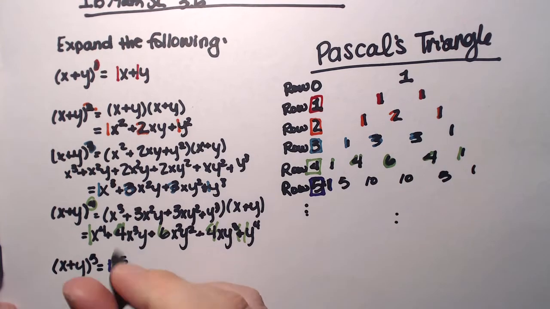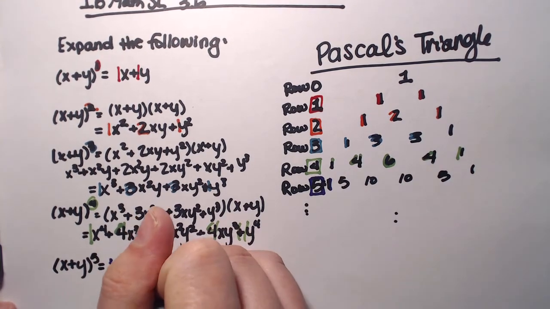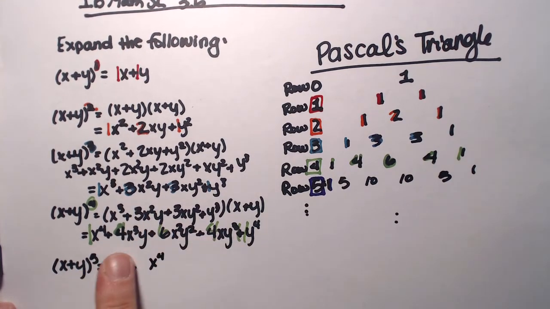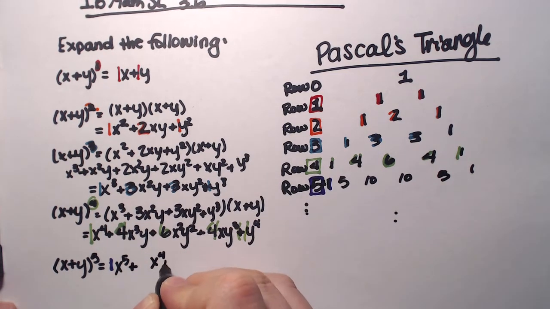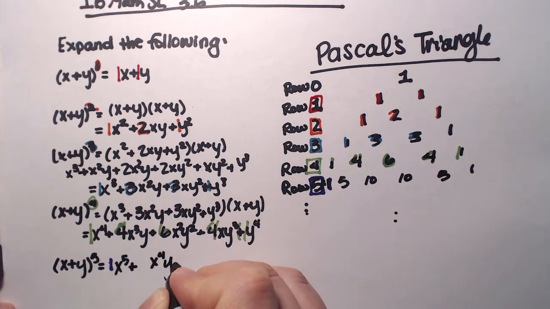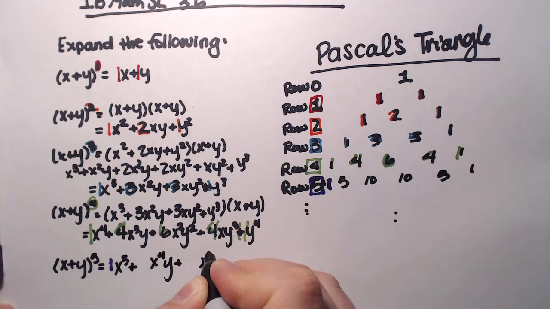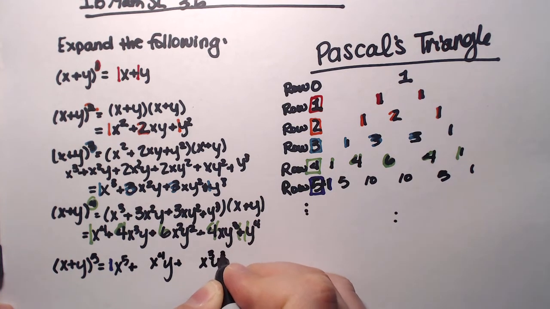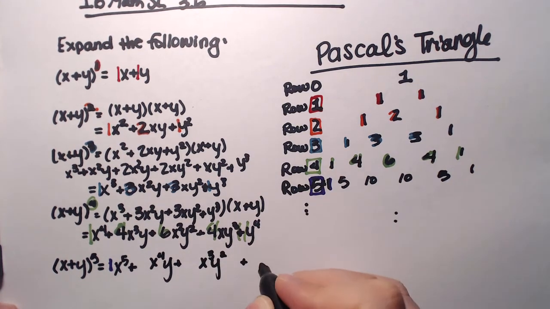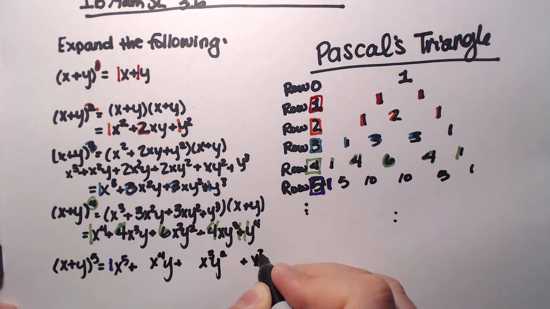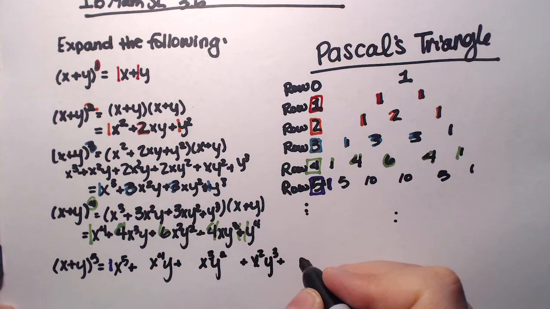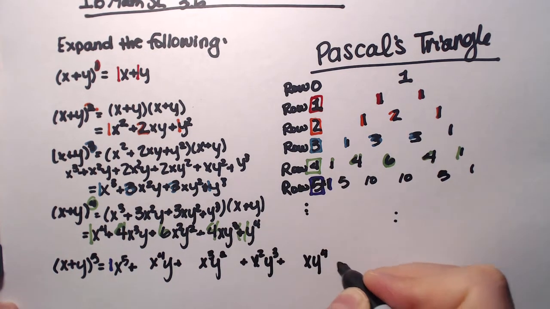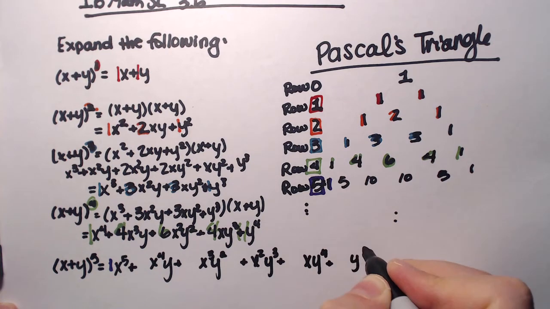And then we're going to add to that something with x to the 4th. We're decreasing each time and increasing the y's. Y to the 1st, plus x cubed y squared, plus x squared, I didn't leave enough room, y cubed, plus x y to the 4th, plus something y to the 5th.